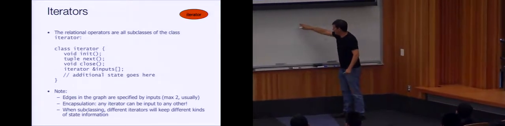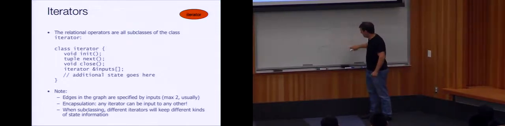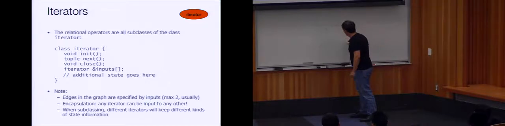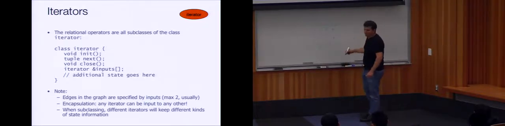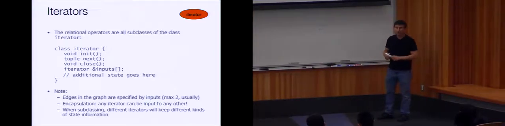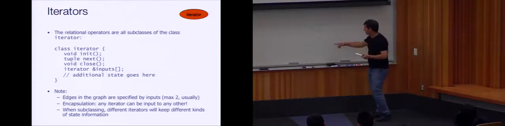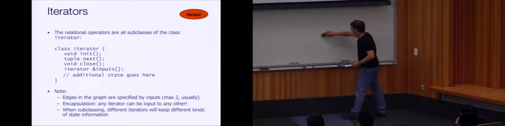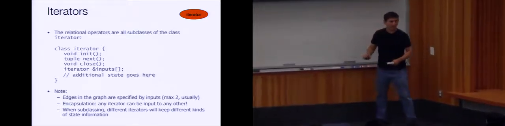This class object points to this object and this object as its two inputs. But data is going to flow this way. Okay, so parents know about their children, if you like. Well, depends how you look at it. I guess children know about their parents, but the tree's upside down. How about that? Okay. Everybody good? Or did I succeed in confusing you?